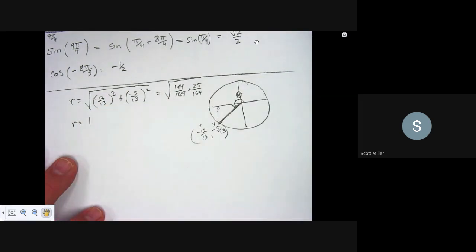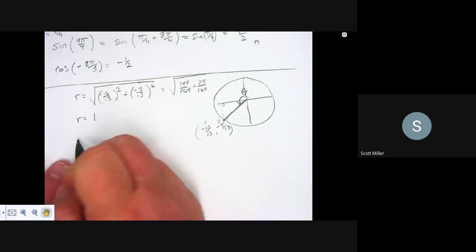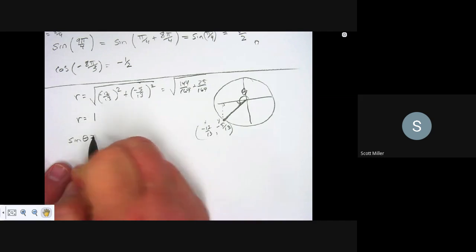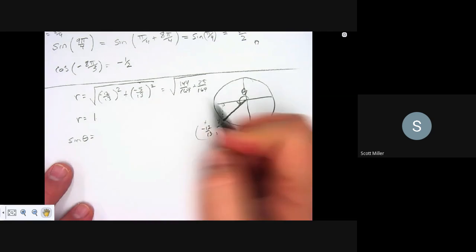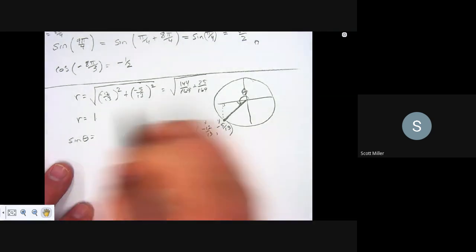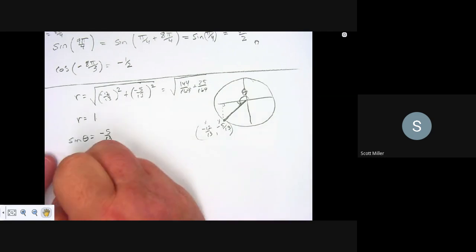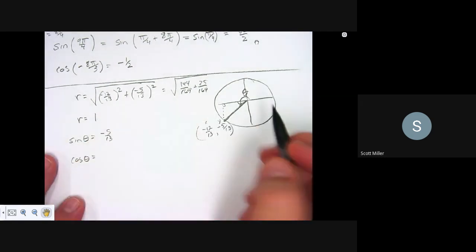Okay? So with that in mind, we now can do our 6 trig ratios. I always start with the sine of the angle. The sine is y over r. So this divided by 1 is just this. So I simply write negative 5 over 13. The cosine is x over r.